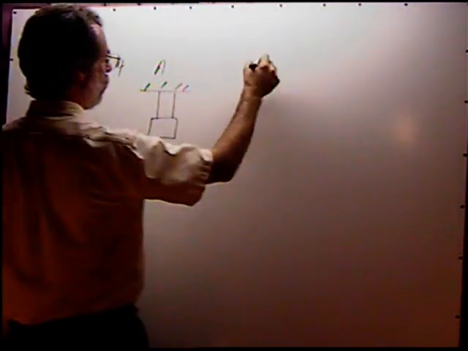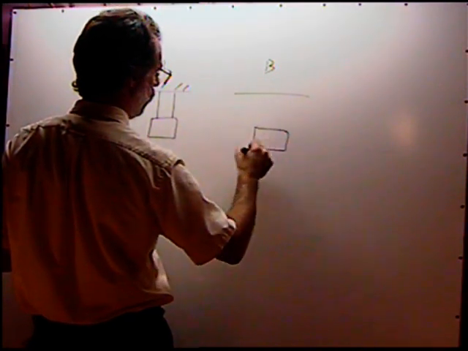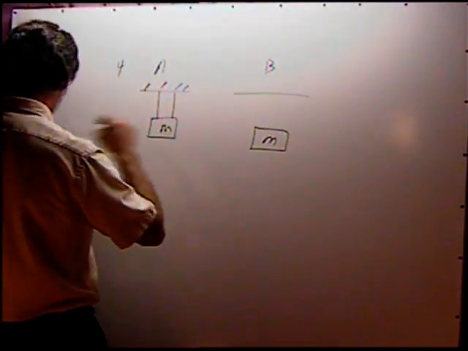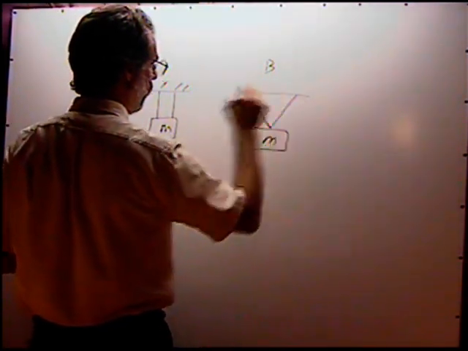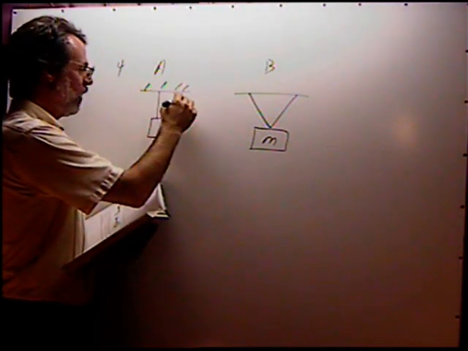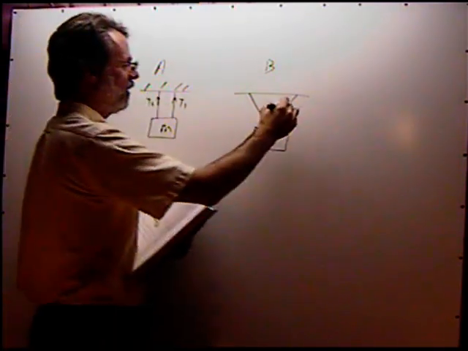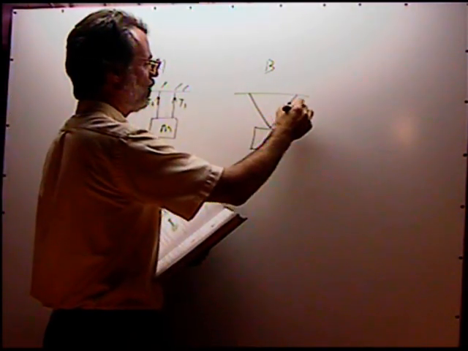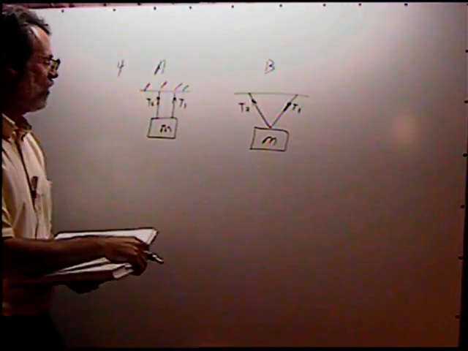We have the B situation where the same mass is held by two strings that are at an angle. So the question is, we have a tension 1 and a tension 2. Which is going to be greater?